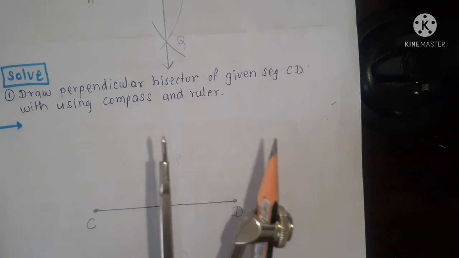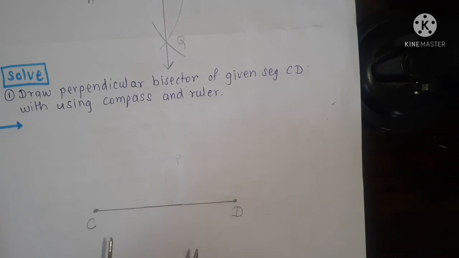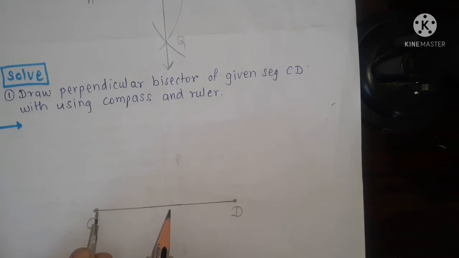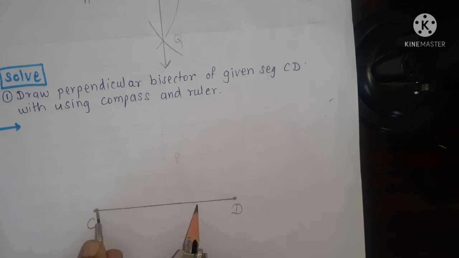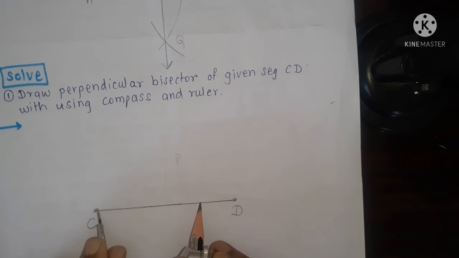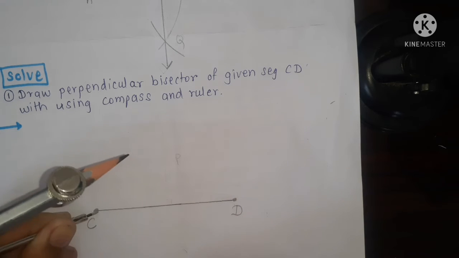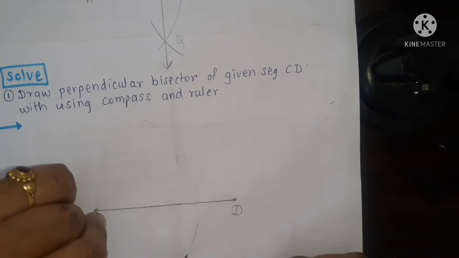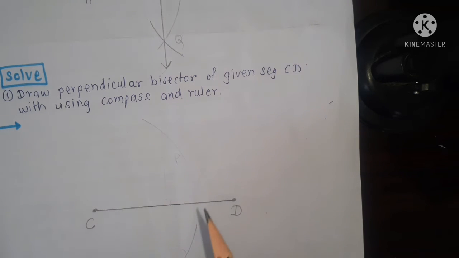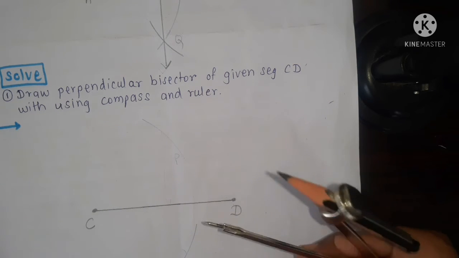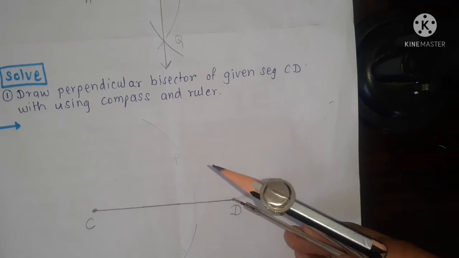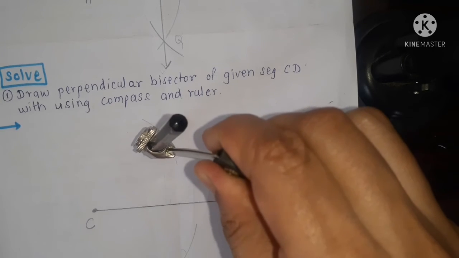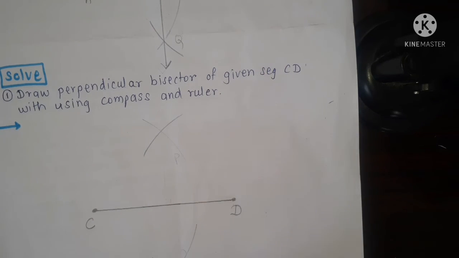We can take a compass, place it at point C, take a distance greater than half of segment CD and draw two arcs, one above the segment CD and one below. Keeping the distance constant, place the metal point of the compass on D and draw an arc which can intersect the previous arc.